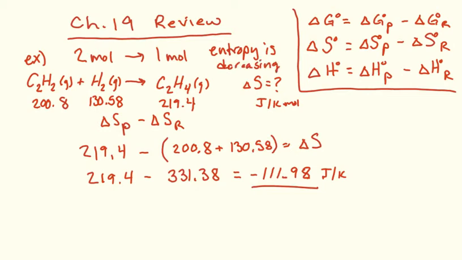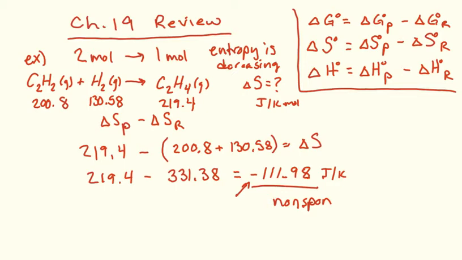So we can say that this reaction is non-spontaneous. It's non-spon because entropy is decreasing, and we know this. We also know it's non-spontaneous because we have a negative sign there. And in order for a reaction to be spontaneous, the delta S needs to have a positive value.